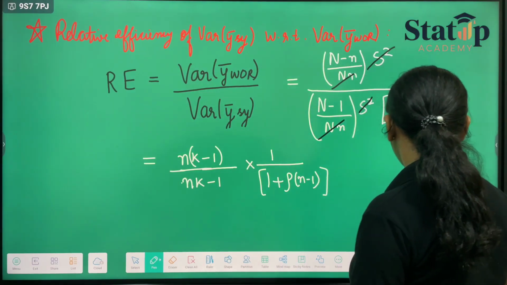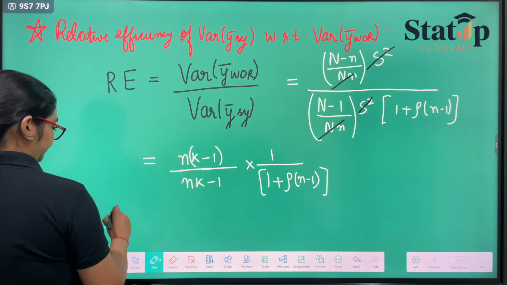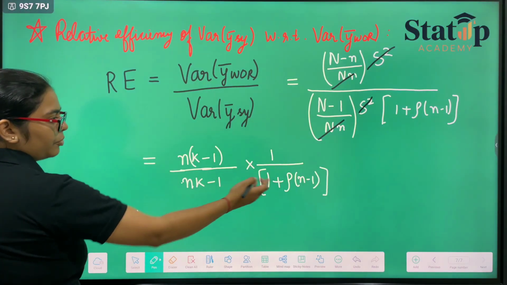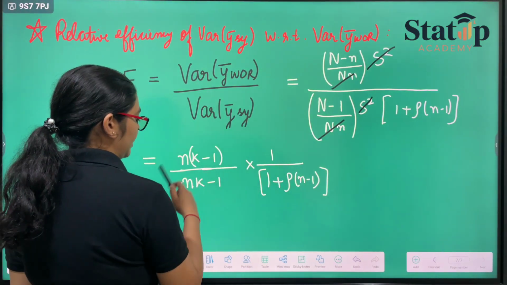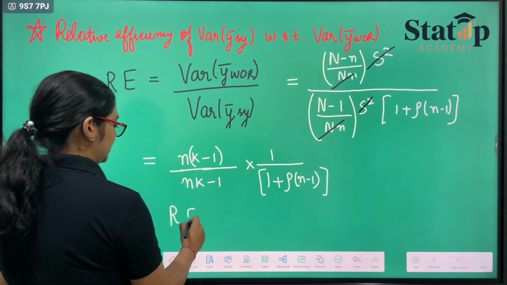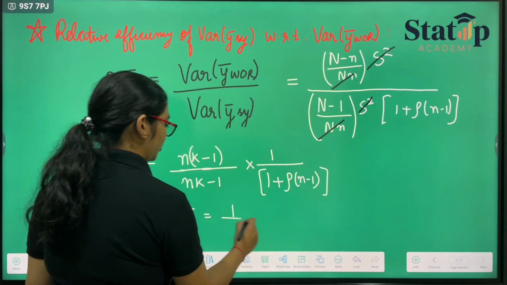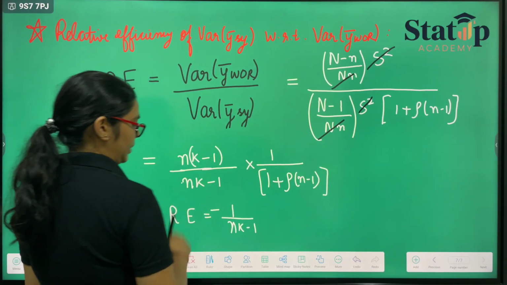So here if we put rho equals to 1, 1 upon n gets cancelled, and the relative efficiency is nothing but 1 upon nk minus 1 with a sign of minus in it.